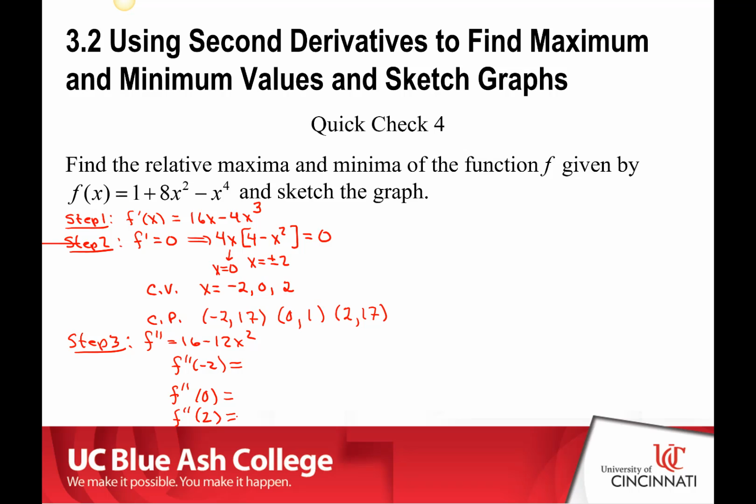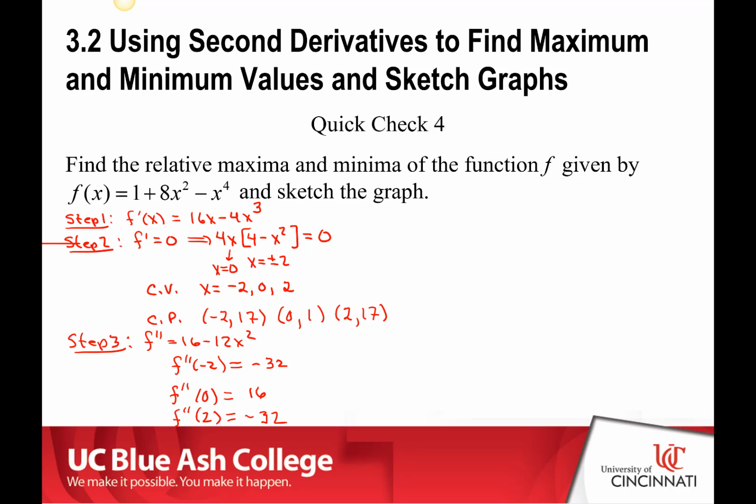At x equals -2, the second derivative is -32. At x equals 0, the second derivative is 16, and at +2 it's -32. Now this gives you some information about these critical points. What's it tell you? What's x equals -2?